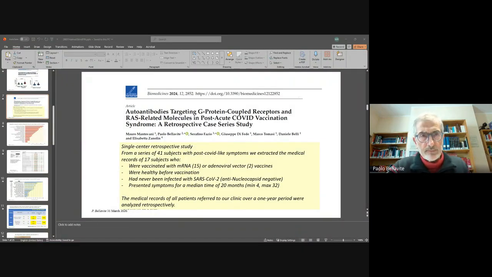We studied a series of 31 subjects with these post-COVID-like symptoms, both vaccinated and not vaccinated.